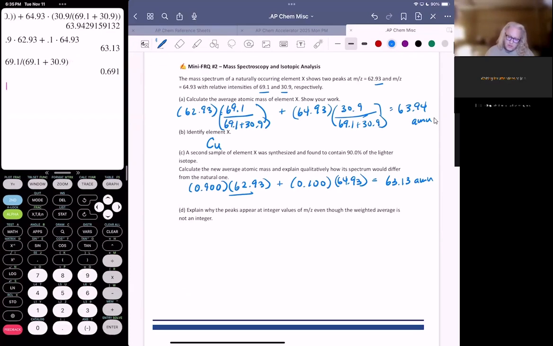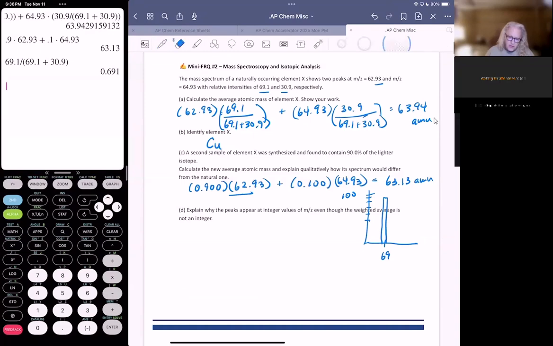How the mass spectrum would differ, it would be a much larger peak at 63, right? If this were 100, the 63 peak would go all the way up to about 90.